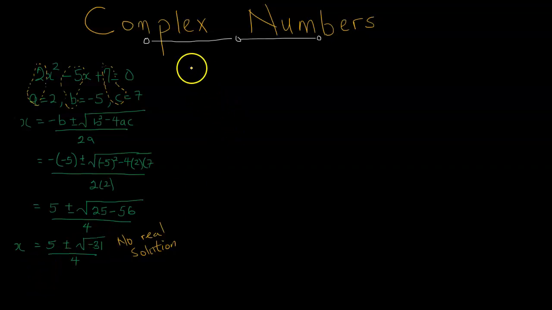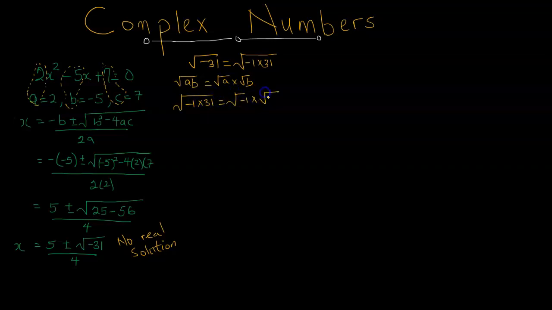If we write negative 31 as negative 1 times 31, then from one of the rules of surds, the root of negative 1 times 31 is the root of negative 1 times the root of 31.